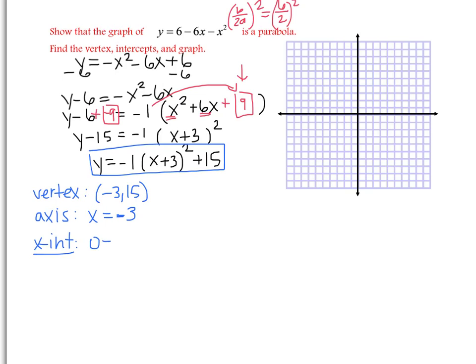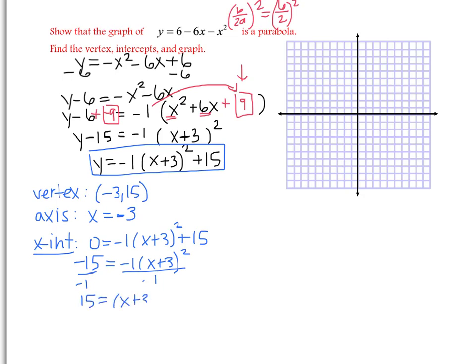The x-intercept is always the one that takes a little bit more work. We want to set this equation equal to 0 and solve for x. This is always easily solved by the square root property. I can subtract 15 from both sides, divide by a negative 1, and then take the square root of both sides.